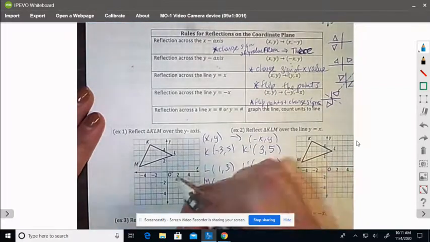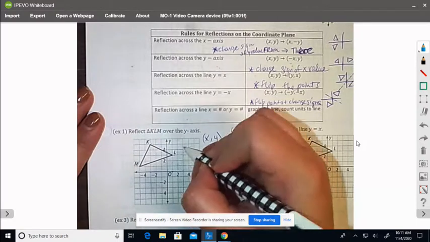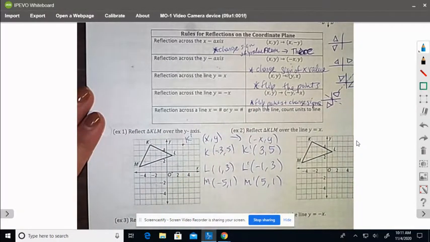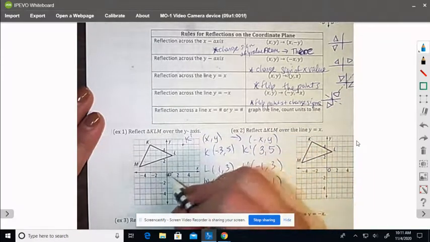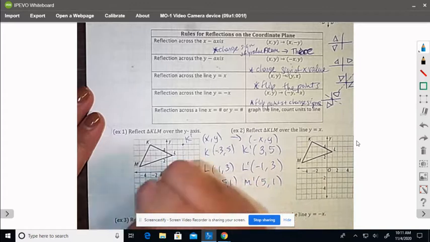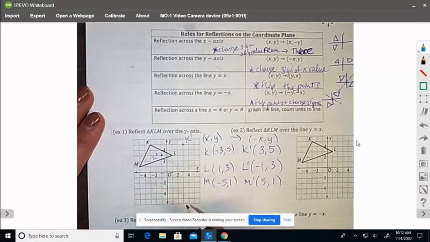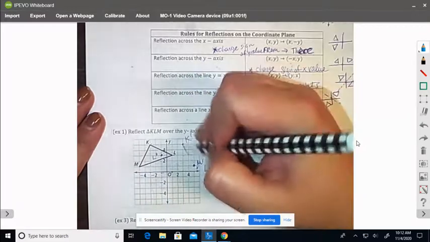So K prime is 3, 5. L prime is -1, 3. You'll notice sometimes they do kind of intersect each other a little bit. And lastly, I have 5, 1 is my M prime.